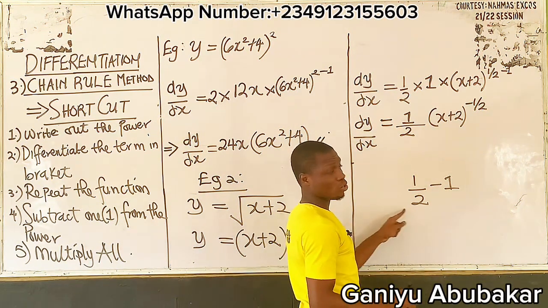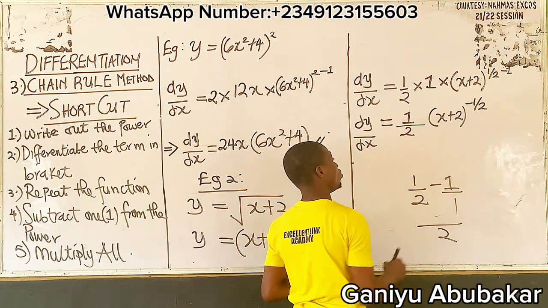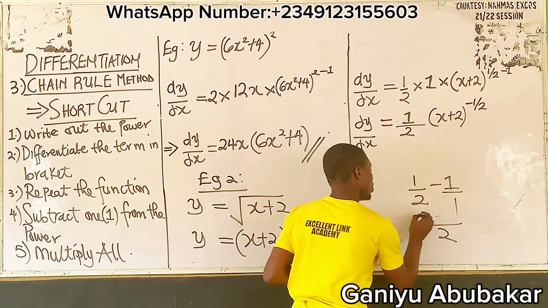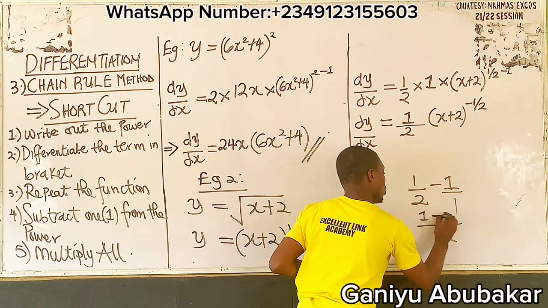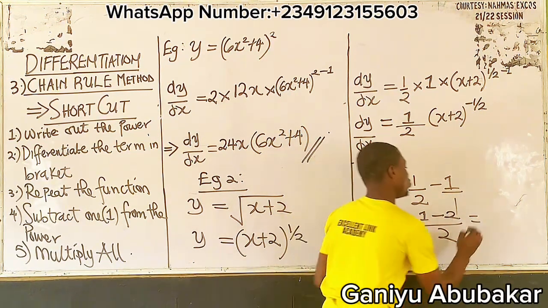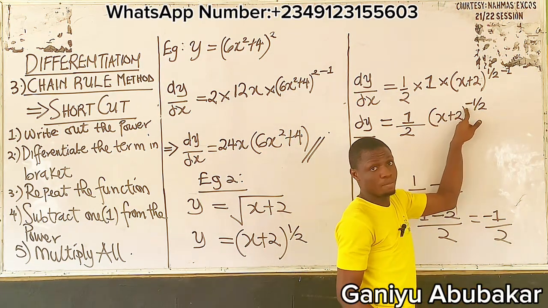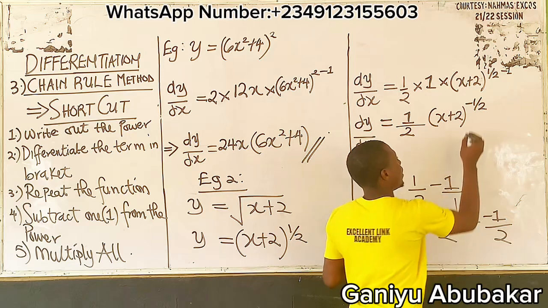Go back to your fractions. If I have 1 over 2 minus 1, with an invisible 1 here, my LCM is 2. 2 in 2 is 1, 1 times 1 is 1. Minus, 2 in 1 is 2, 2 times 1 is 2. So 1 minus 2 is minus 1 over 2. That's how I have minus 1 over 2 as my power here in my answer.